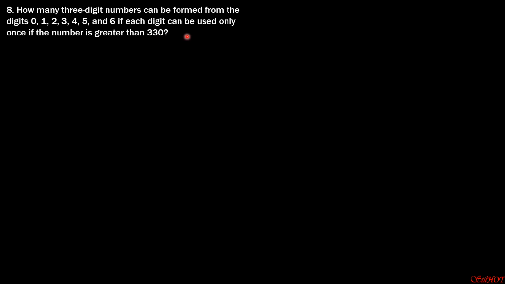The number should be greater than or equal to 340. 340 is considered because 3, 4, and 0 are different digits and they are found in these digits here. And it should be less than 400, although 400 is not considered because the digit 0 is repeated. And for the second case, it should be greater than or equal to 401.